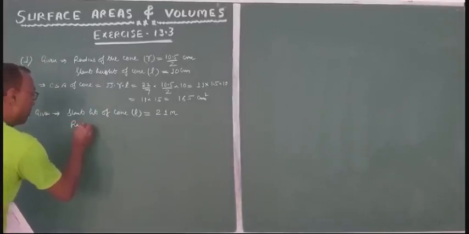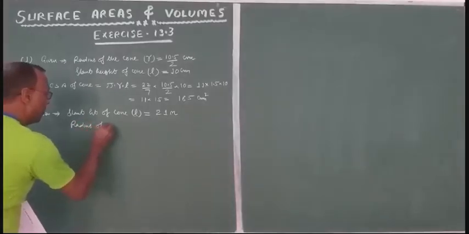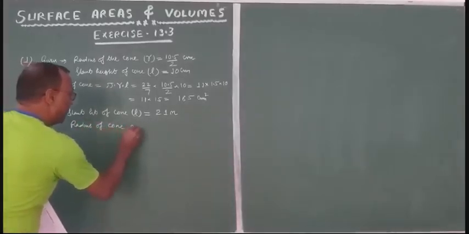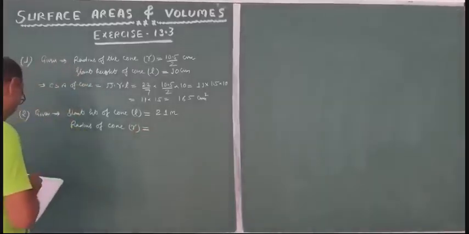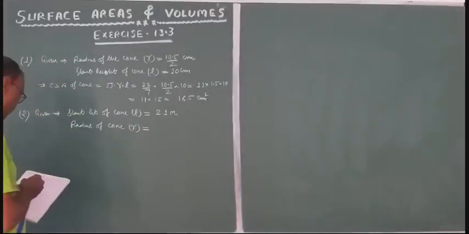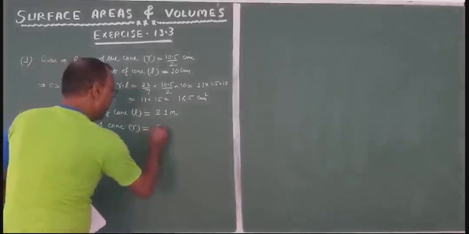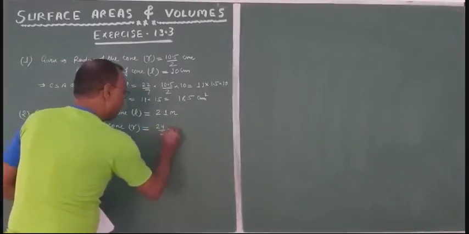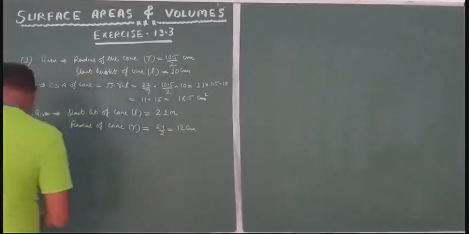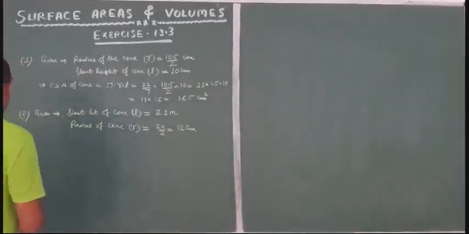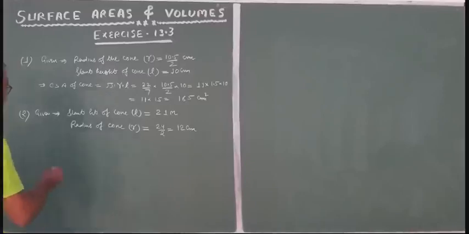Therefore, radius of cone will be, since the diameter is 24, radius will be 24 upon 2, which is 12 centimeter. Question is this: find the total surface area of the cone.